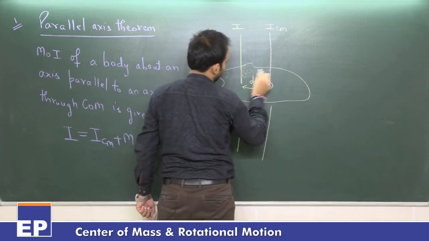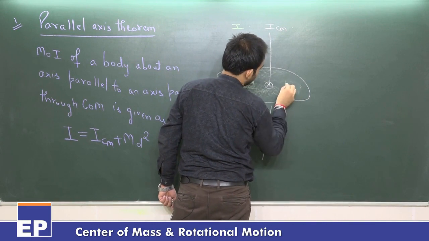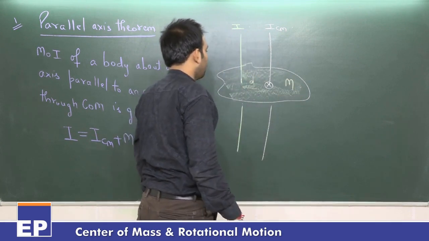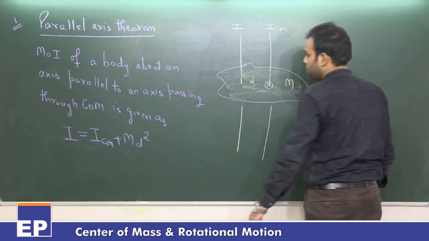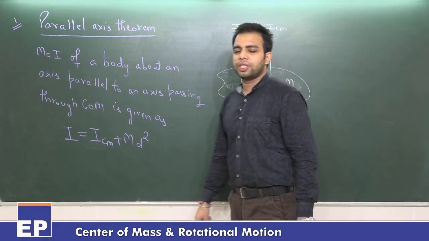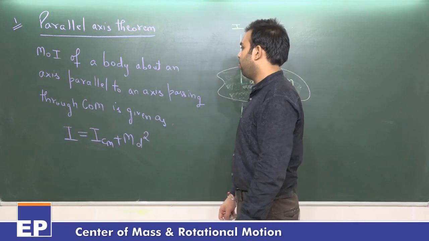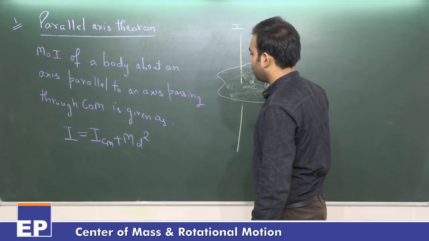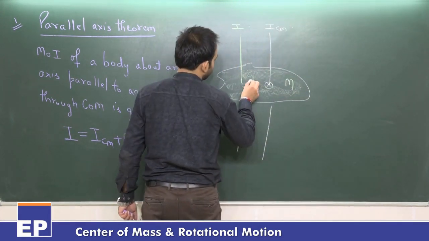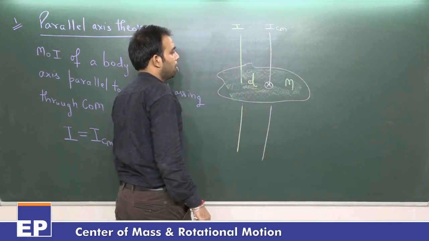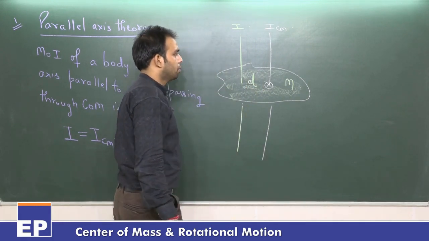The mass of the body is m. So if the distance of separation between the two axes which are parallel, and one of the axes is passing through the center of mass, then the moment of inertia will become I is equal to ICM plus MD square, right?